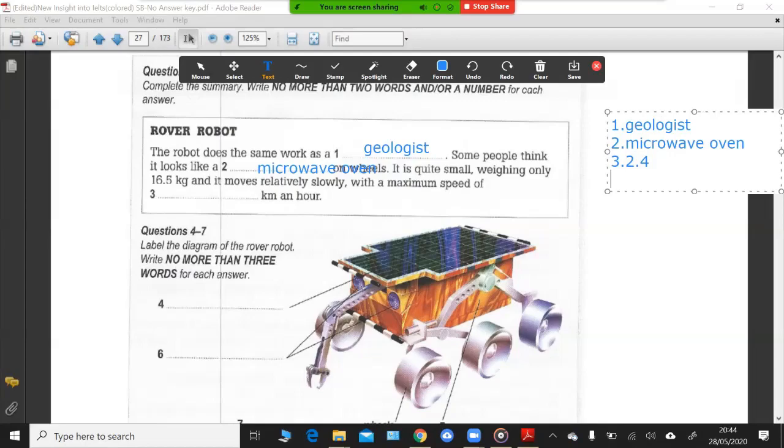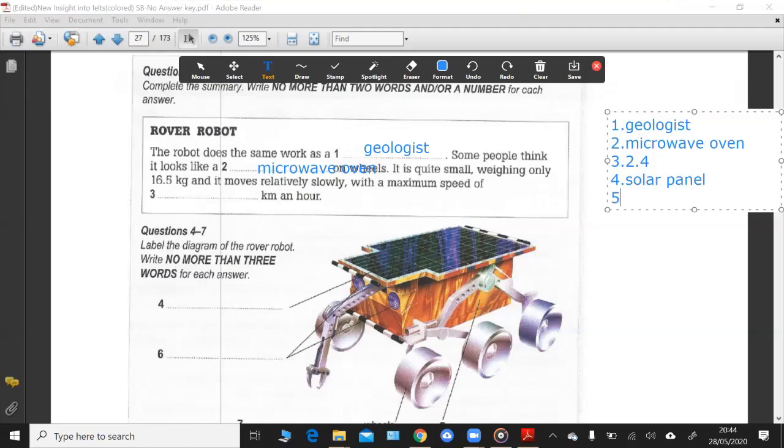Okay. Move on to number 4. Solar panel. Okay. Solar panel. All right. Number 5. I think warm box. Warm box. Yes. That's right. Number 6 is cameras.